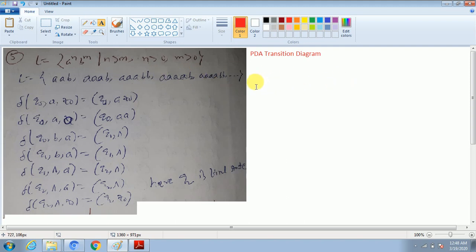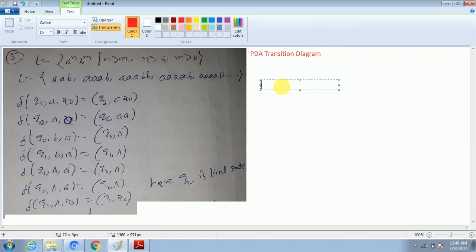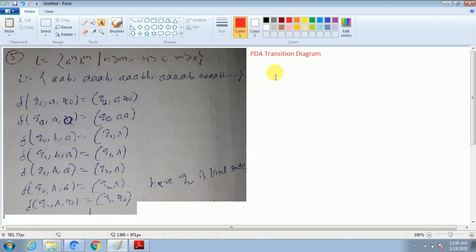Q0 is the initial state, so the first function can be written as Q0, and it goes to the same state, a self loop.